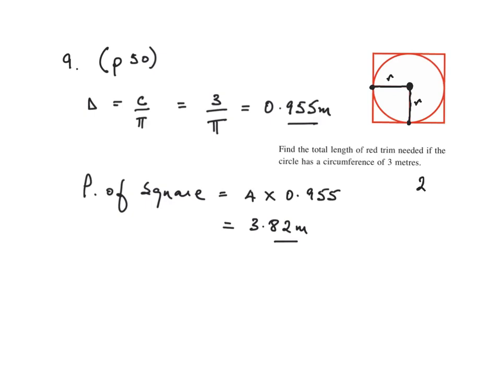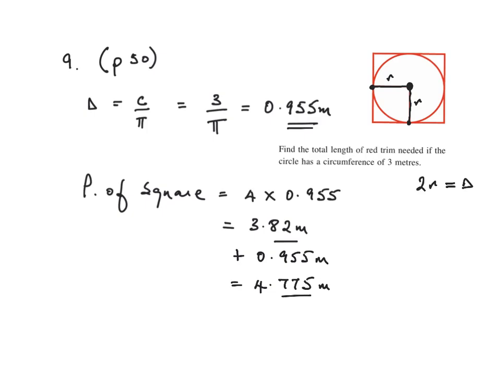But we know that 2 lots of the radius give us the diameter, which is this here. So what I'm going to do is to add on another one. And that gives us 4.775 meters.